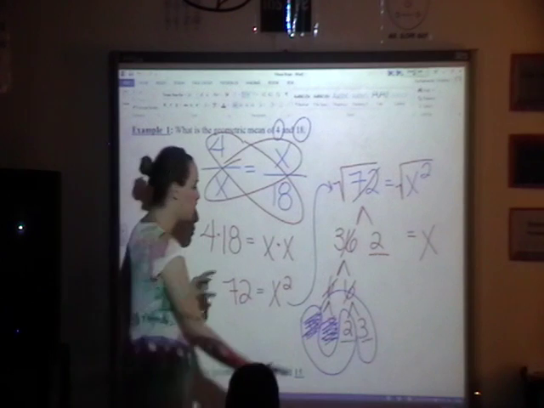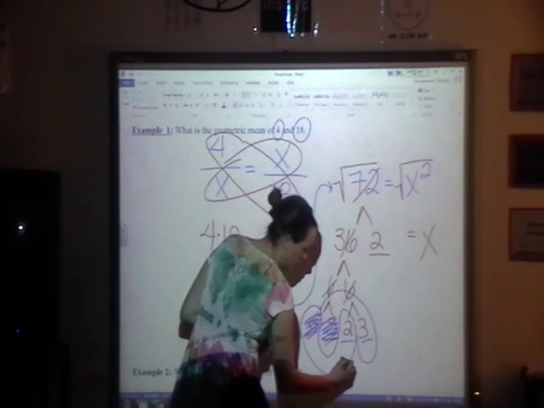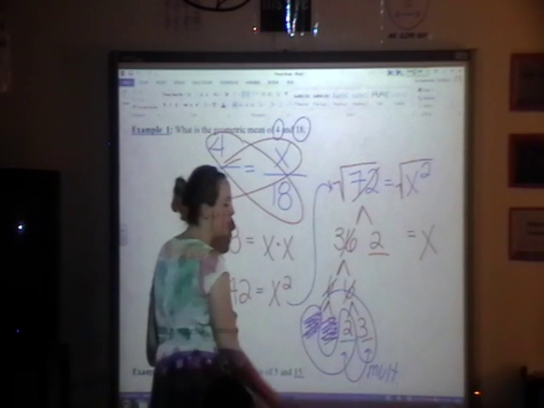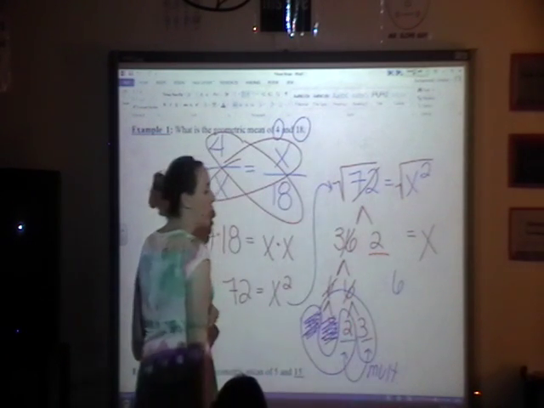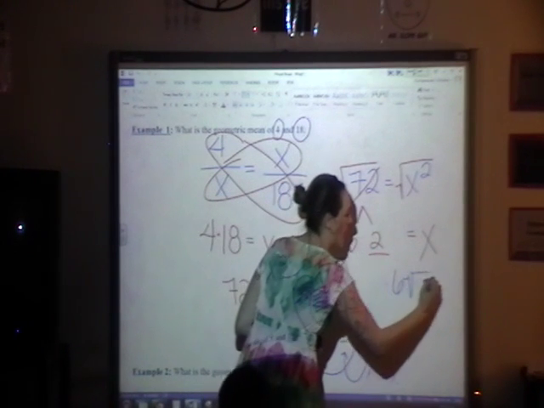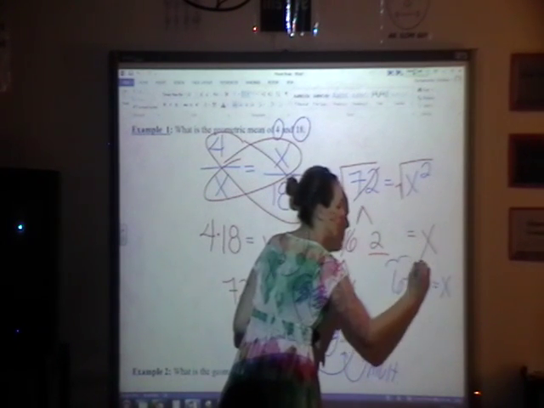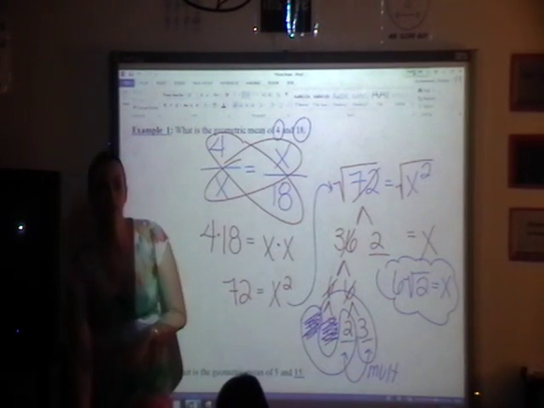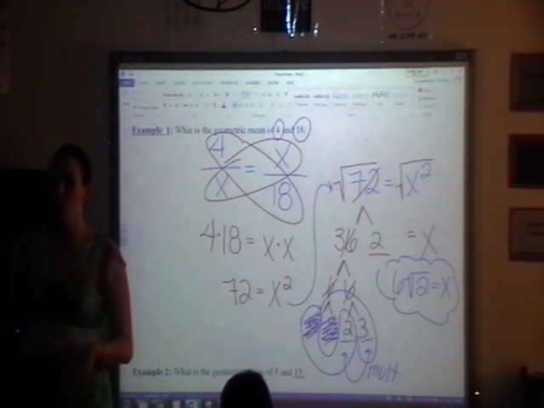Multiply. So 2 times 3 is 6. Who never has a partner to get out? 2. He's stuck in that radical. So x is equal to 6 radical 2.